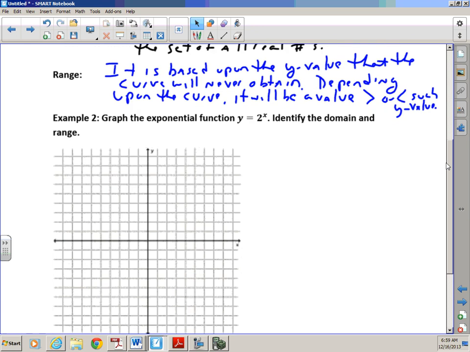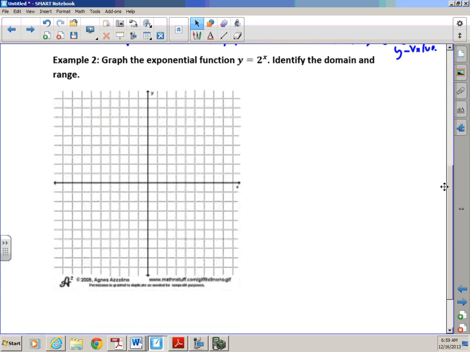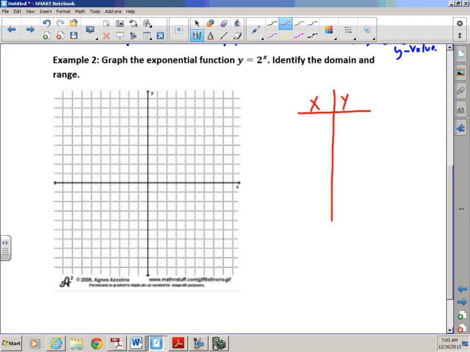Now, the way to do graphing of an exponential function is set up a table of values that you're going to use based upon what you're going to put into the calculator. Okay? Now, you want to use the calculator as much as possible to help you here.